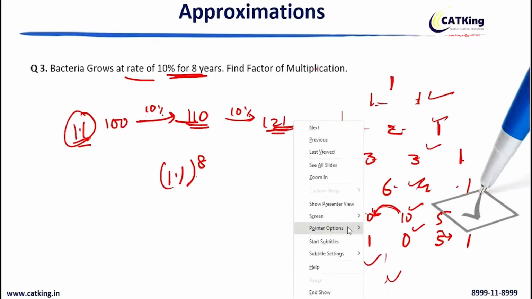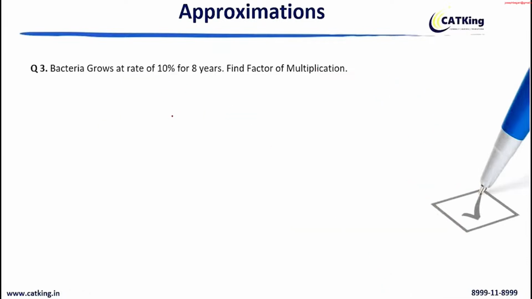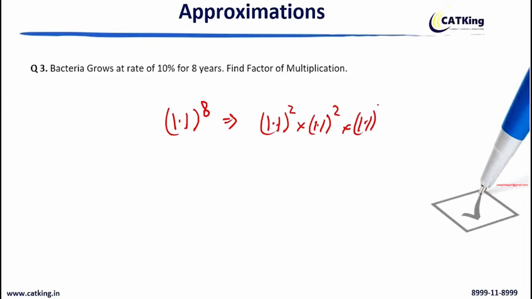That is one method, but if there are huge powers of 11, then you cannot use this method. So how can you calculate 1.1 to the power 8? Again use squares. Break it. Use approximation. This is 1.1 square into 1.1 square into 1.1 square into 1.1 square. What is 11 square? 121.